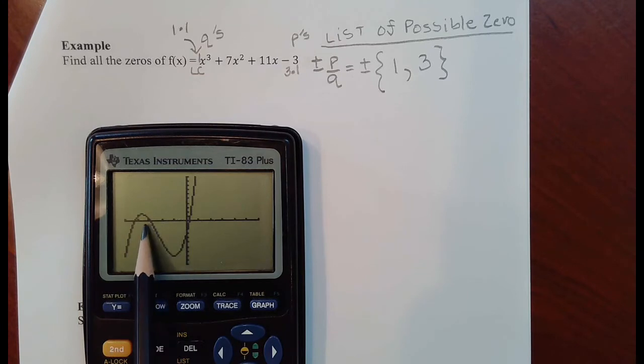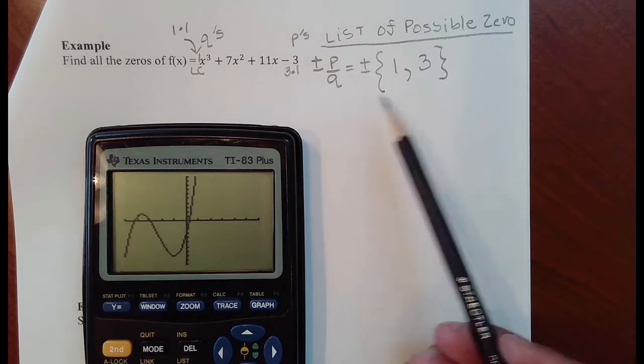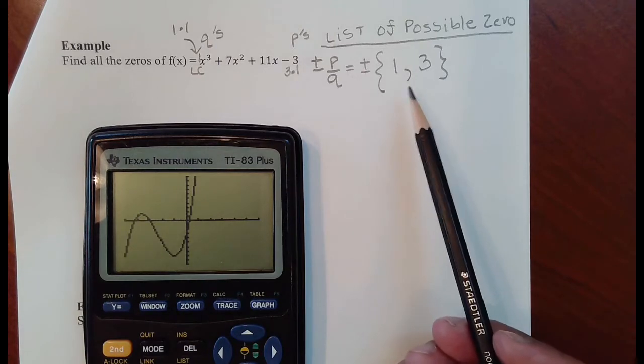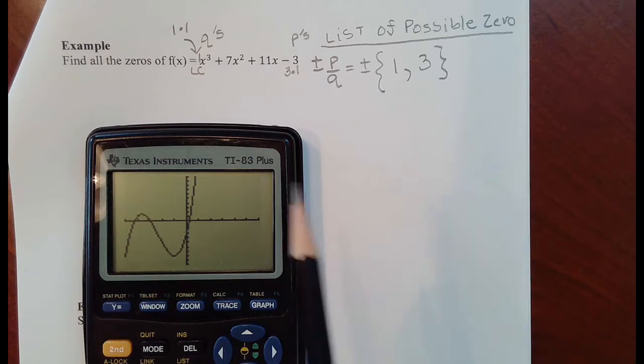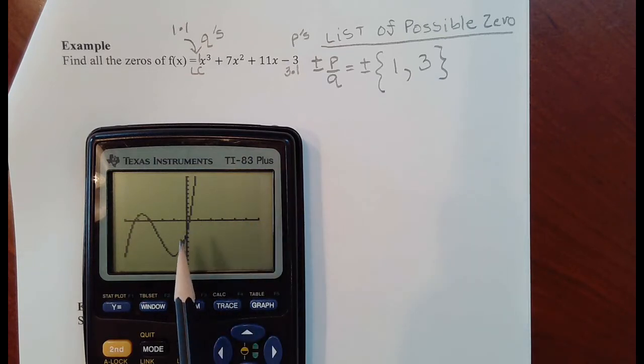In fact, we can see that it goes through what looks like -1, -2, -3. Well, you know it has to be something from here. It has to either be a positive 1 or a negative 1 or a positive 3 or a negative 3. And I want you to notice that in this graph, it goes right through this value, and it appears that that's -3. Now, if you want to be sure that it goes right through -3, you could always go to the table.